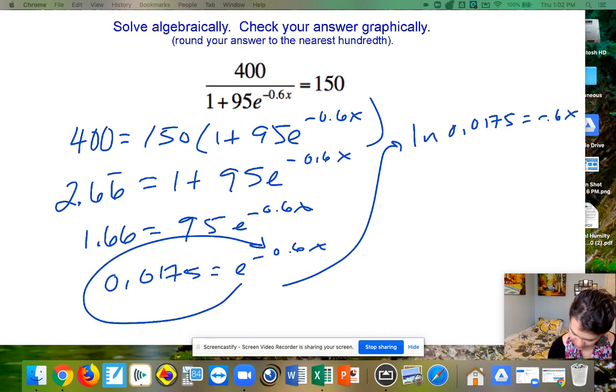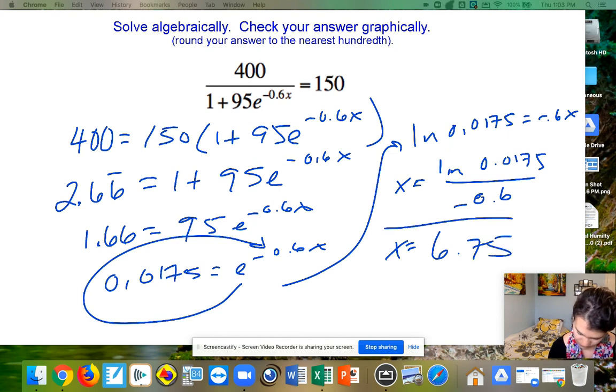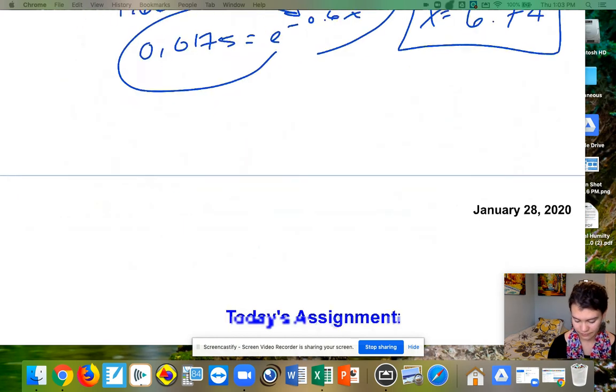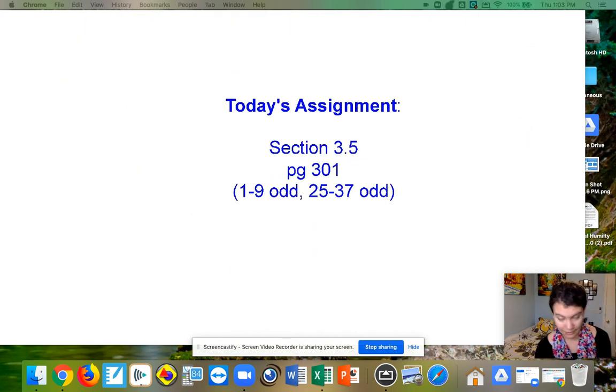So divide by 0.6, you end up getting x equals ln of 0.0175 divided by negative 0.6. Type that into the calculator, and x will give you 6.74. And that would be your answer. And then here's your homework. And let me know if you have questions.